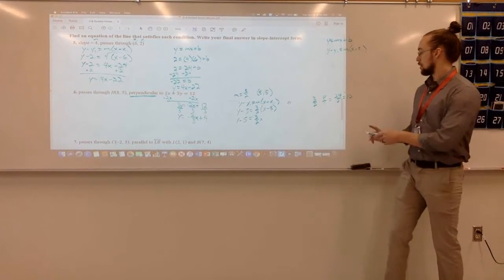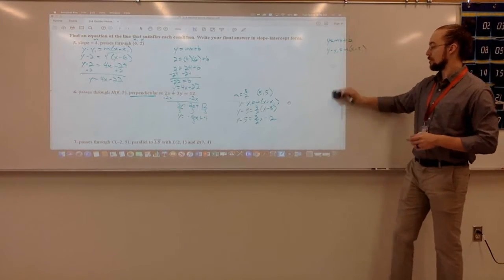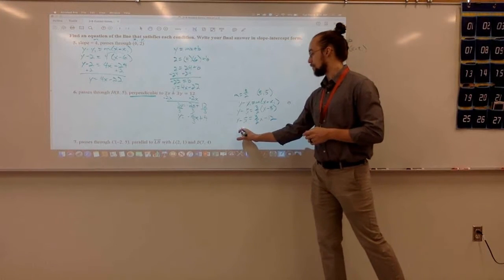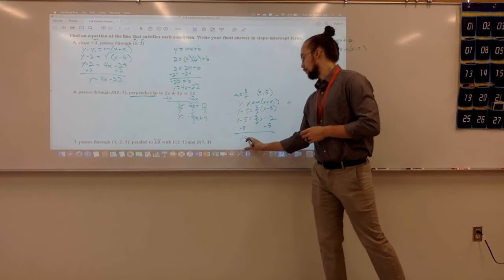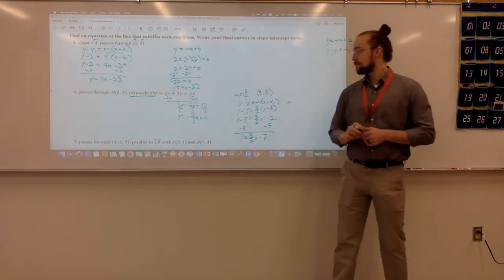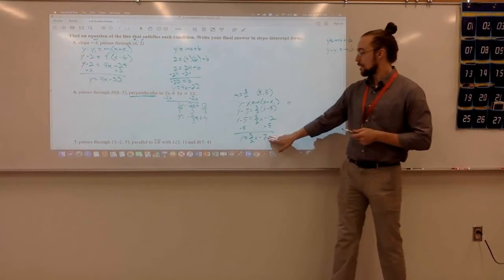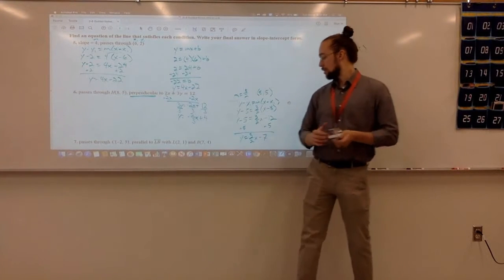So this is minus 12, and then to solve for y, just add the 5 over, and we get y equals 3/2 x minus 7. So this line goes through the point (8, 5) and is perpendicular to this line.